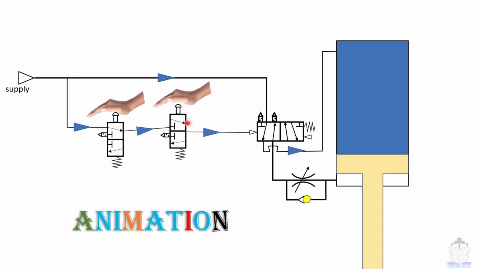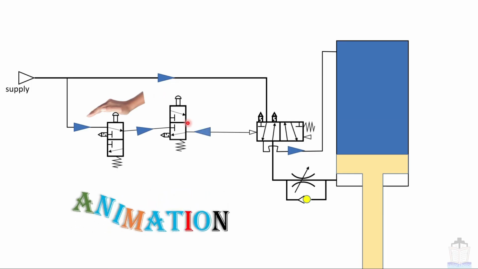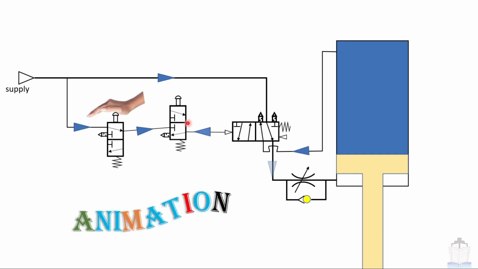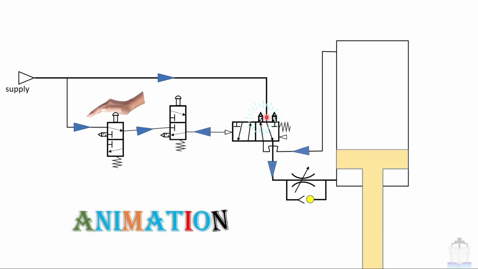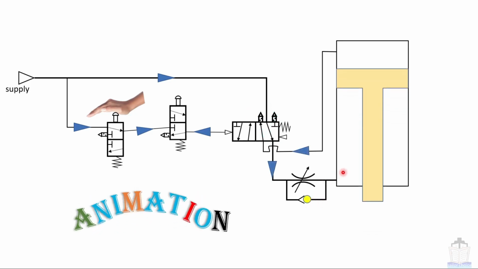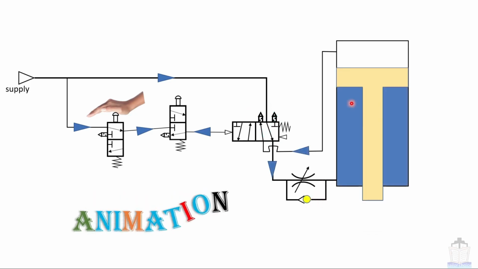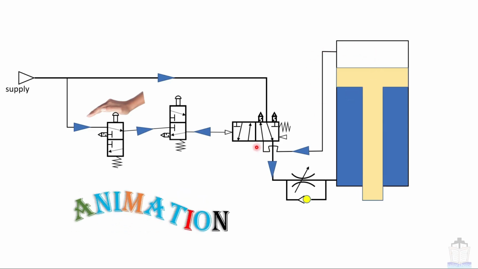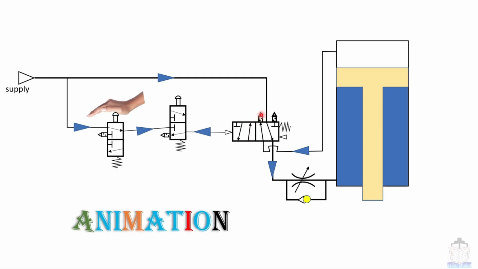So if I remove the hand, now air will act, this valve will lift and it will act from the downside of the piston, and the trapped air in this area will be released from this sintered filter.